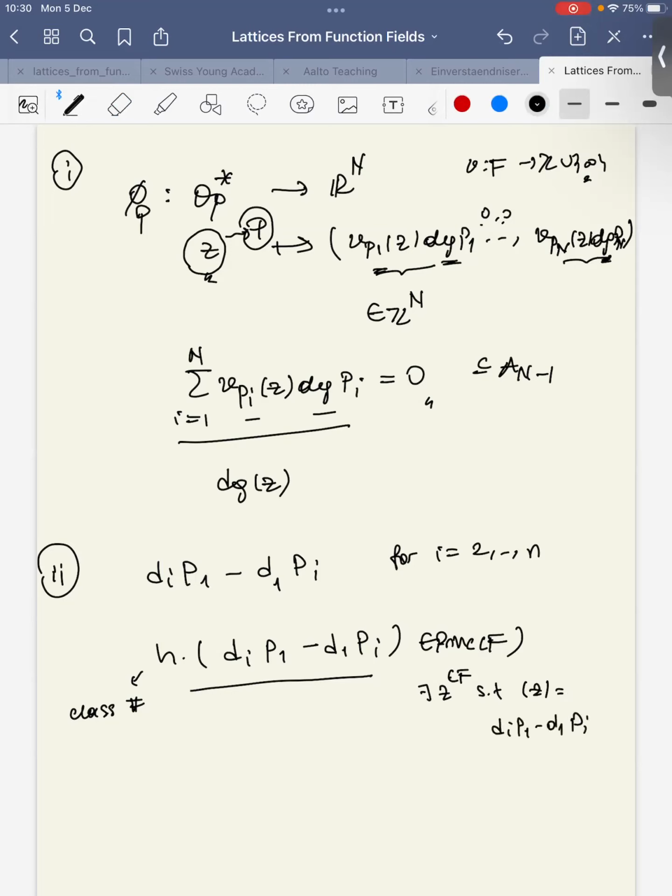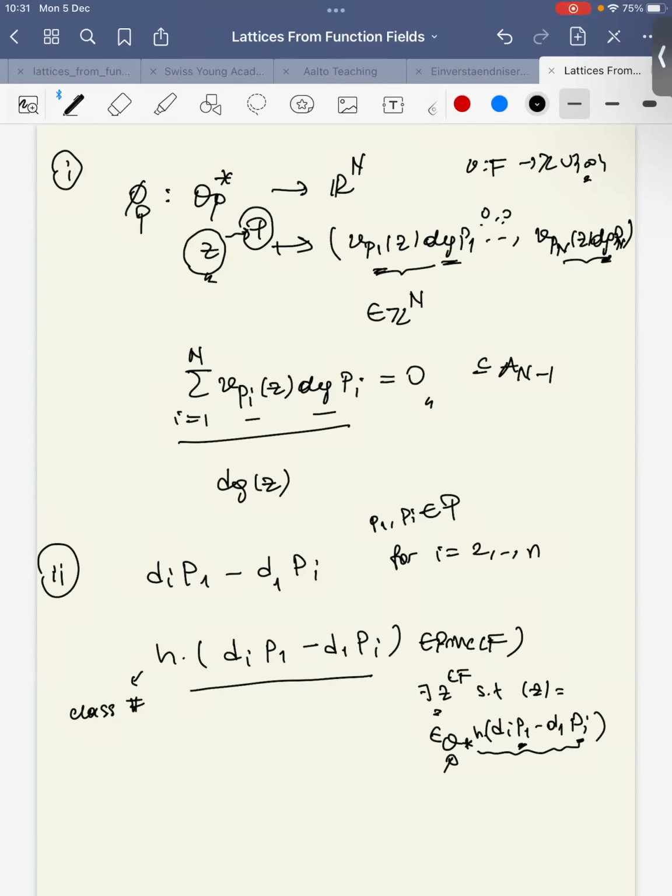And obviously this function is an element in O_P star. When we look at its support, it has a zero at p_1 and a pole at p_i, and by the choice of p_1 and p_i, these are elements in the curly P. So this is a function in O_P star.